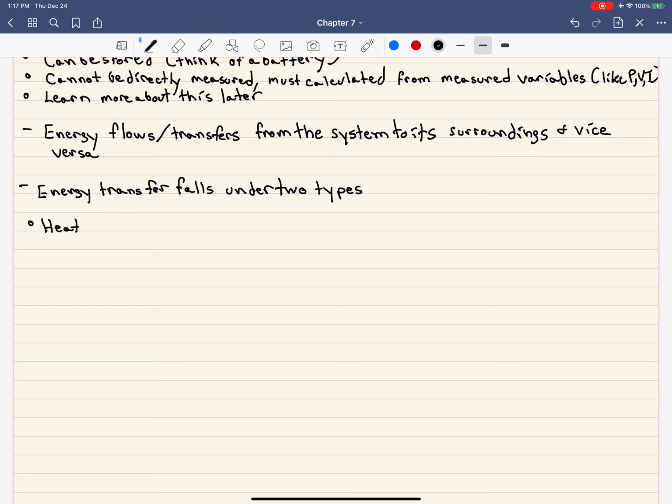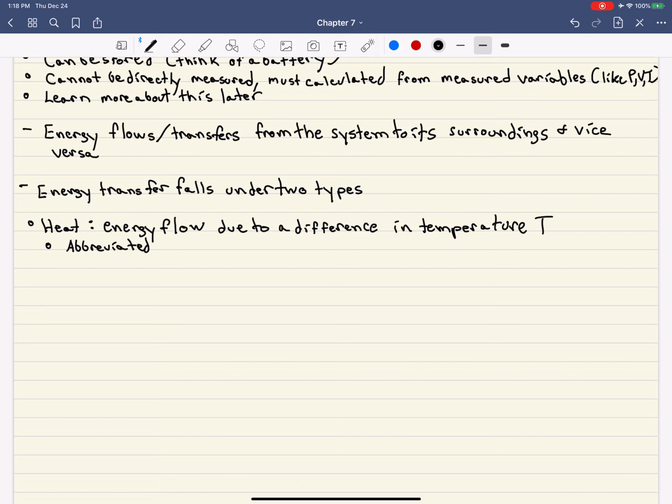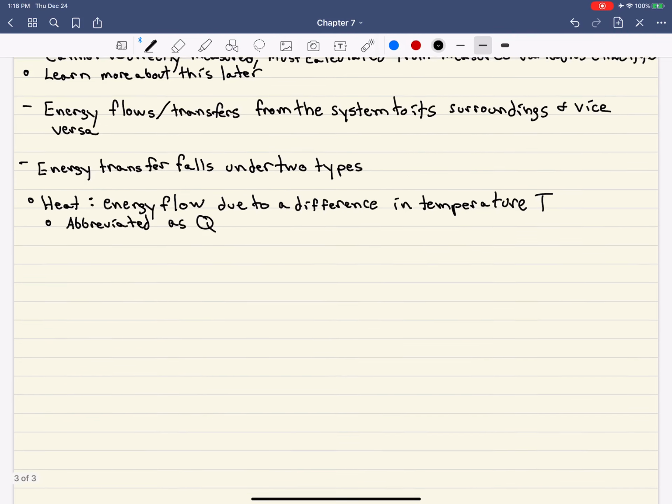And whenever we talk about heat, what we mean is an energy flow that's driven by thermal differences, or energy flow due to a difference in temperature T. And so in this course, we're going to abbreviate heat as Q. Okay? And so that's heat.